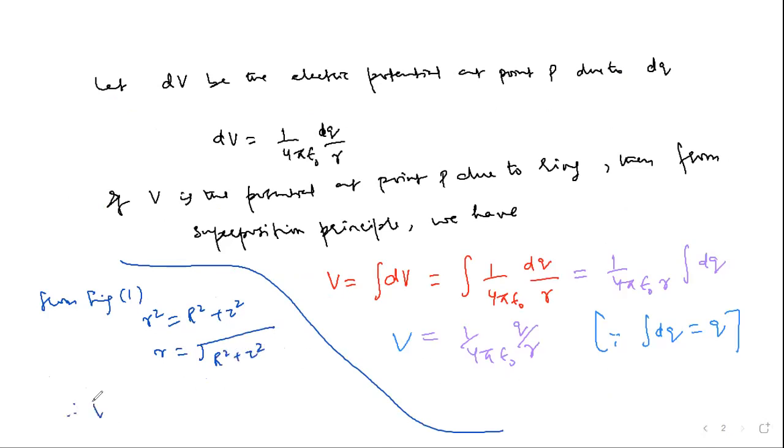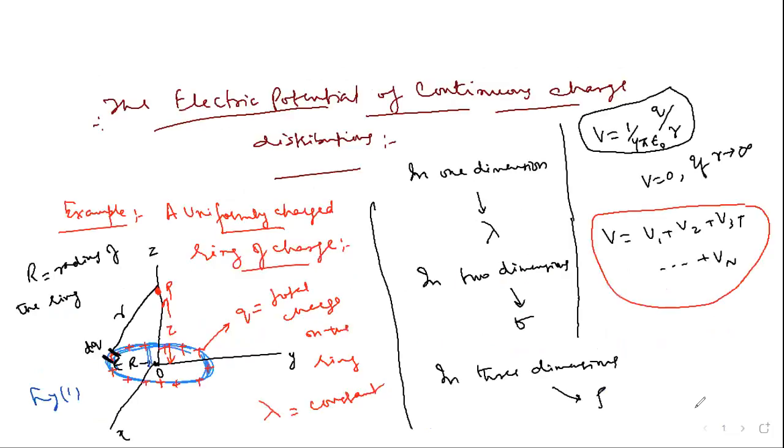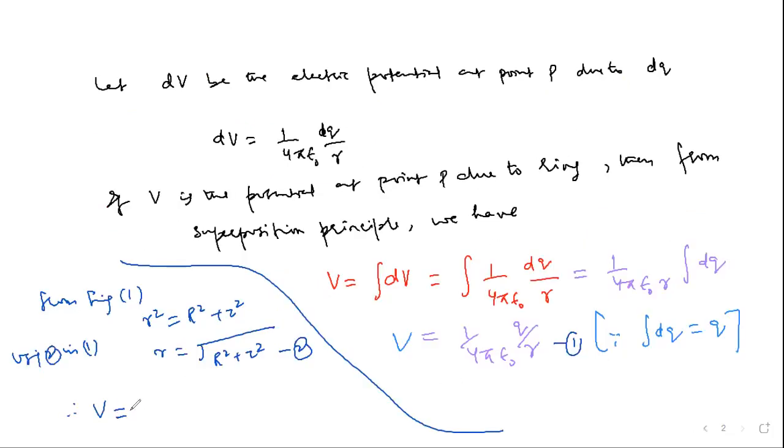Therefore, V, let me name it first, this second. So using second in first, right? Do we have any other equation? No. V turns out to be 1 by 4 pi epsilon naught q by under root R square plus z square.